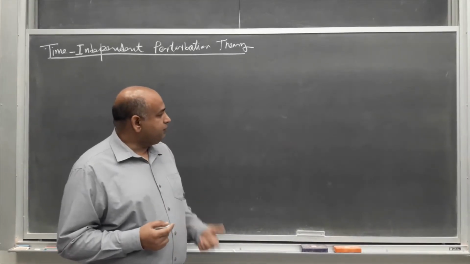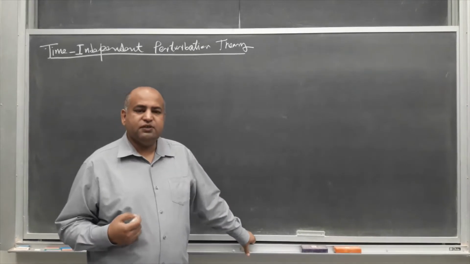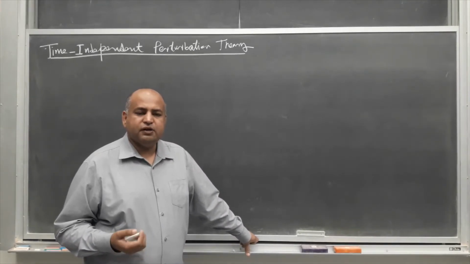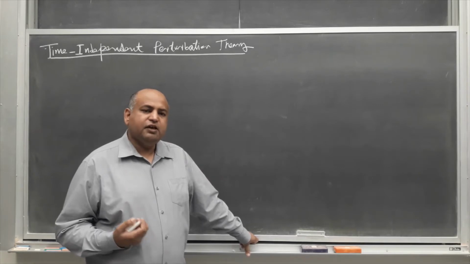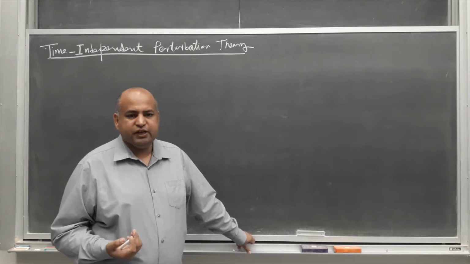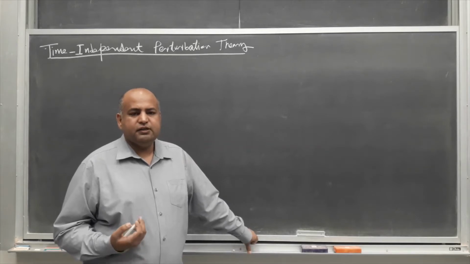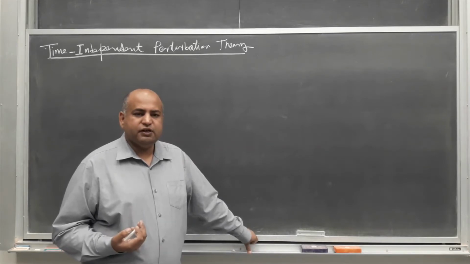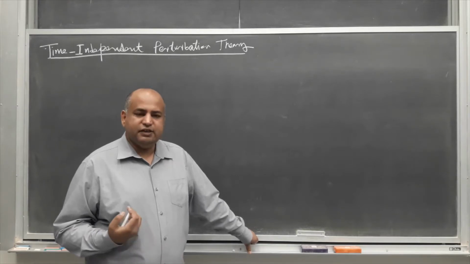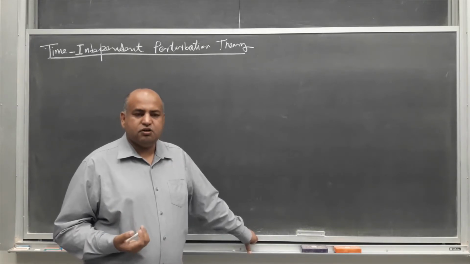So in this video, I am going to present the formalism, or the derivations, so to say, of time-independent perturbation theory. I will discuss two cases: the non-degenerate case, where all the eigenfunctions have different energies of the underlying simpler Hamiltonian, and the degenerate case, which is also not uncommon.